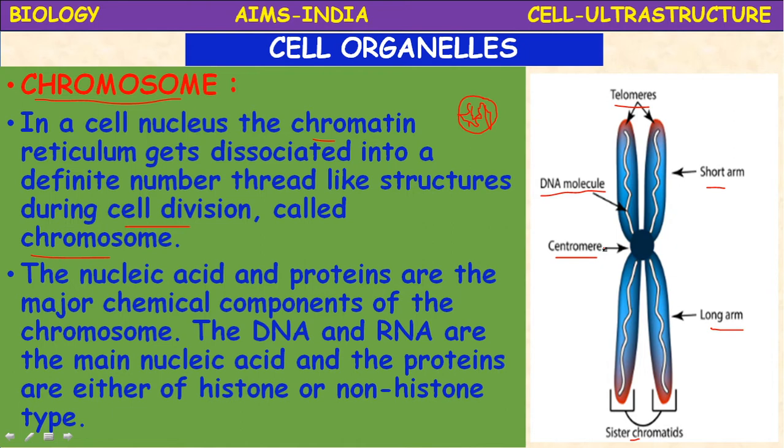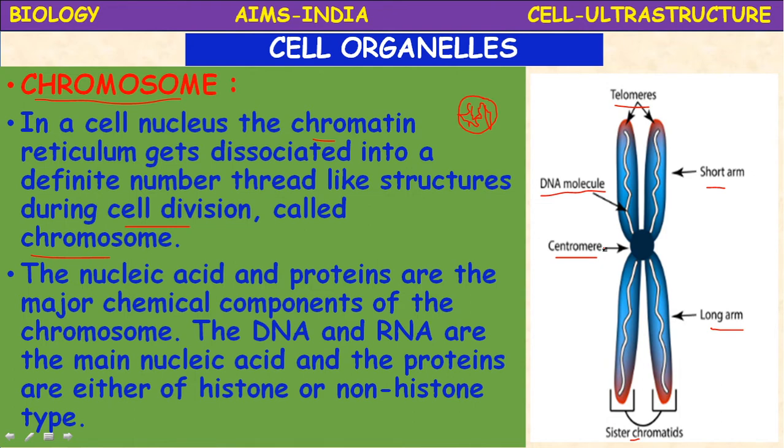DNA means deoxyribose nucleic acid, and RNA, the ribose nucleic acid. These are the main nucleic acids, and the proteins are either of histone or non-histone type. Okay, histone proteins or non-histone type of proteins are present in the chromosomes.